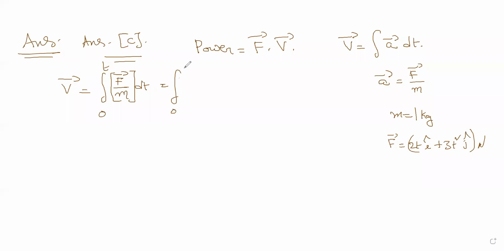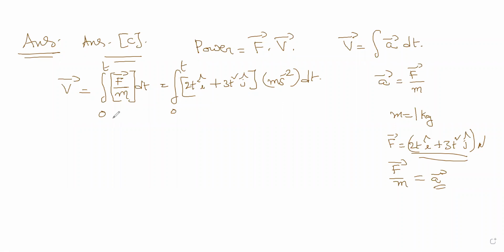You just have to take the integration. So the integral of 2t i cap plus 3t square j cap, in meter second power minus 2, dt. We have divided by mass, mass is 1 kg, so you get the same thing.